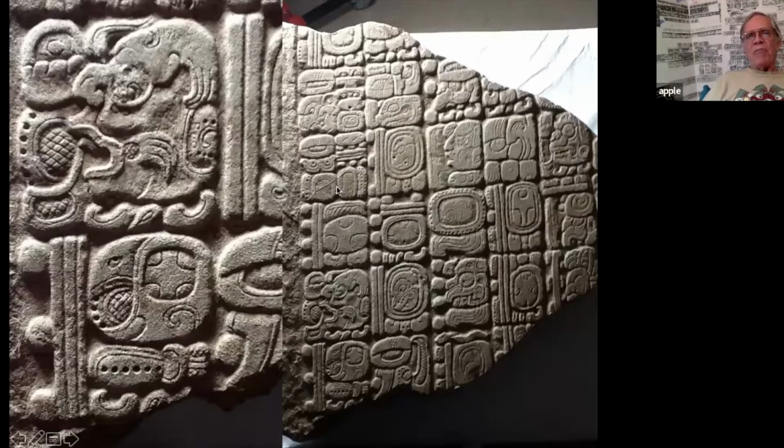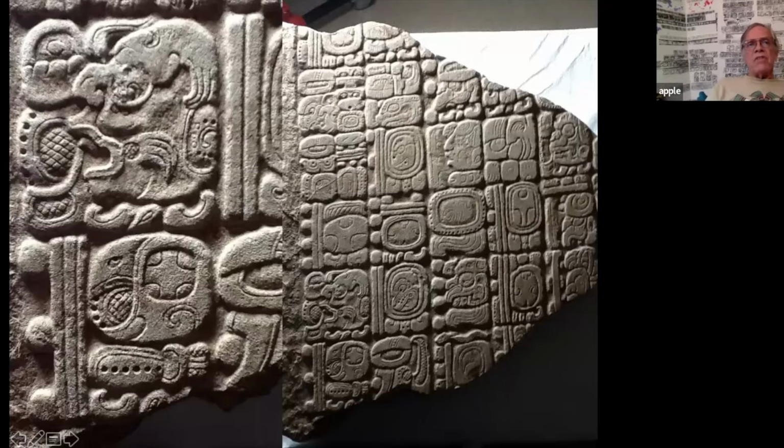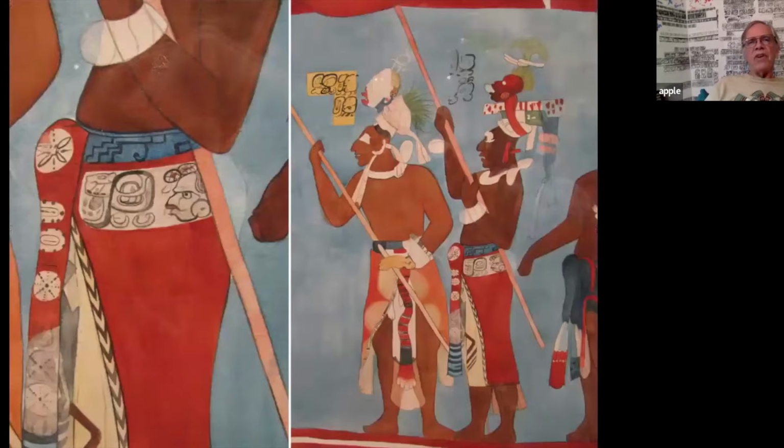So this is a fragment that's in New York City, in the Metropolitan, and I was again looking for the alai glyph, which is used here in a different context. Alai means something like here, and it's like here's a date. So they're beginning a sentence with here, and beautiful chalk with the fin on his cheek and the infix of whatever that curlicue is in his face.